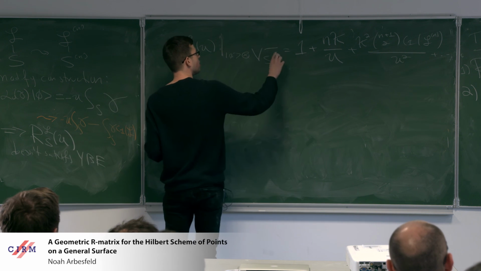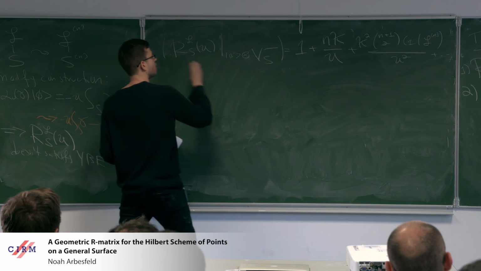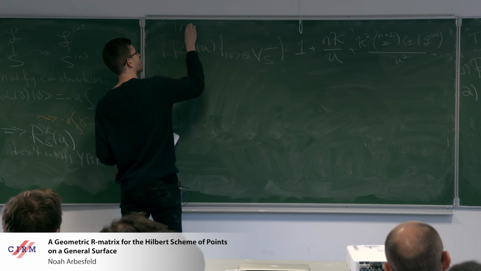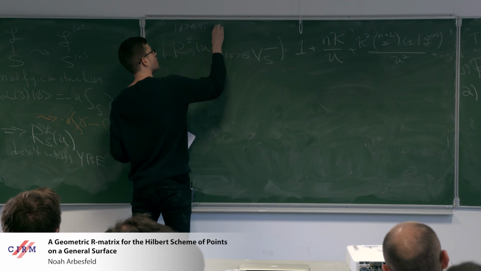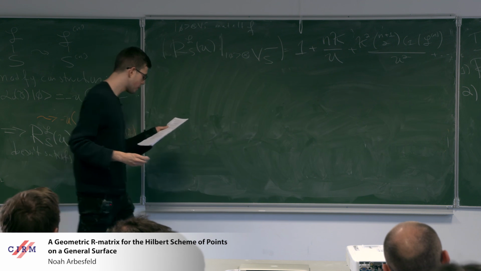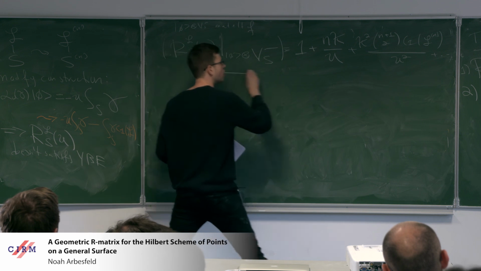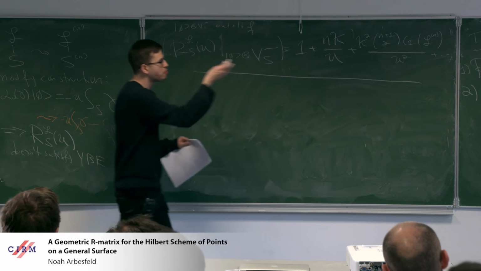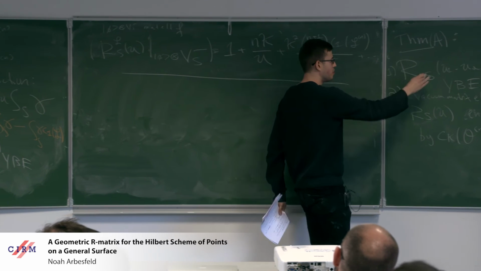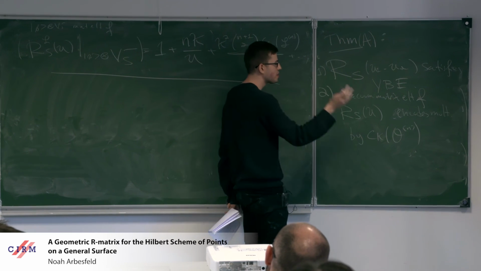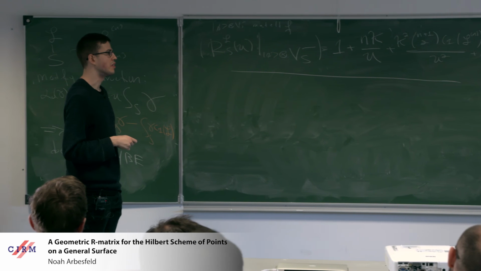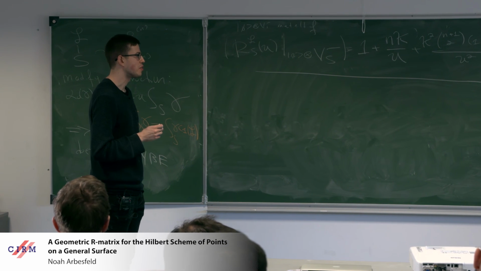And so maybe I should say the matrix element here of this restriction. So the proof that this satisfies Yang-Baxter eventually, the strategy starts with a surface and reduces it to C^2, at which point you have to match up with the stable envelope construction.